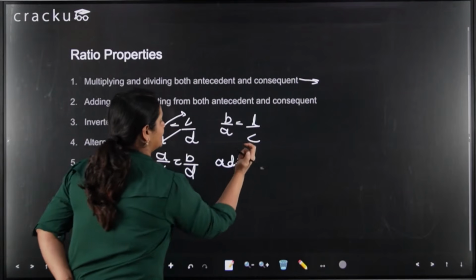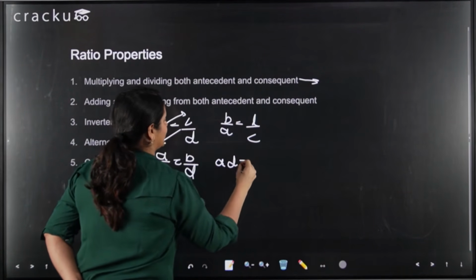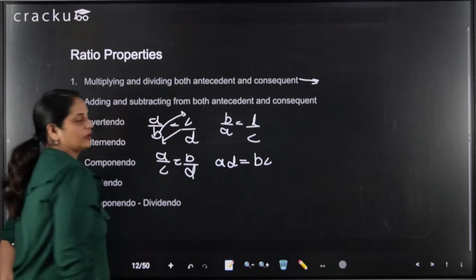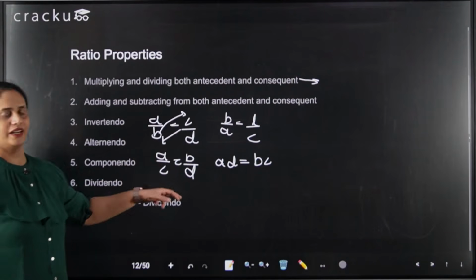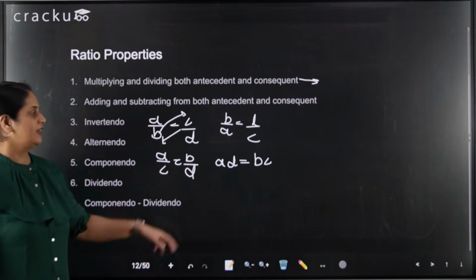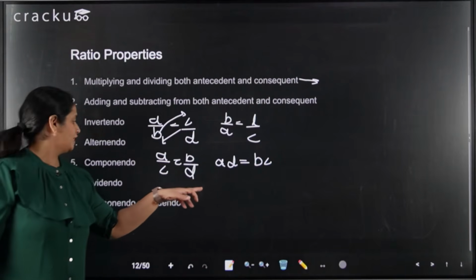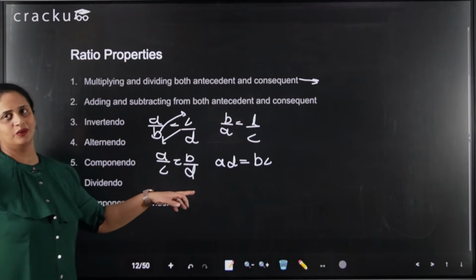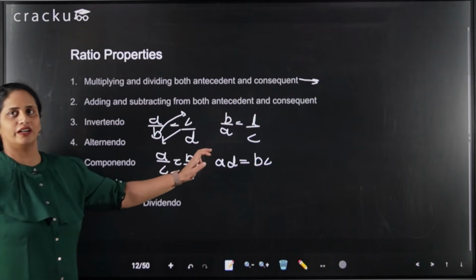So if you know that AD is equal to BC, you can interchange what is there in the numerator and denominator. So if A by B is C by D, then A by C is equal to B by D. Instead of taking B in the denominator, I take C in the denominator, I get what is called alternando. But essentially it's just swapping the denominator of one side with the numerator of the other.